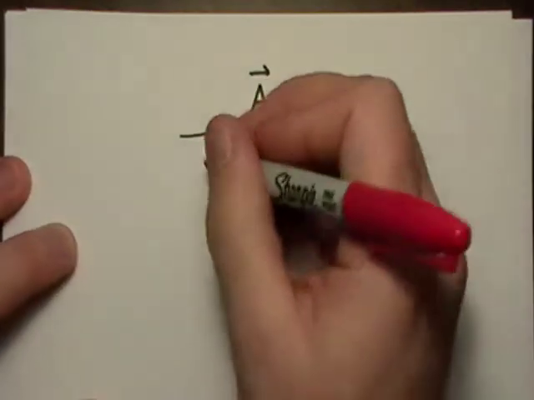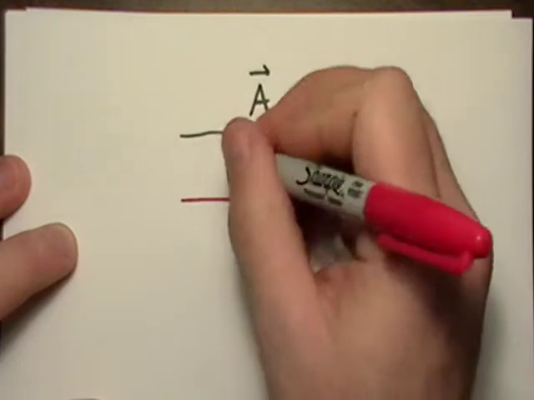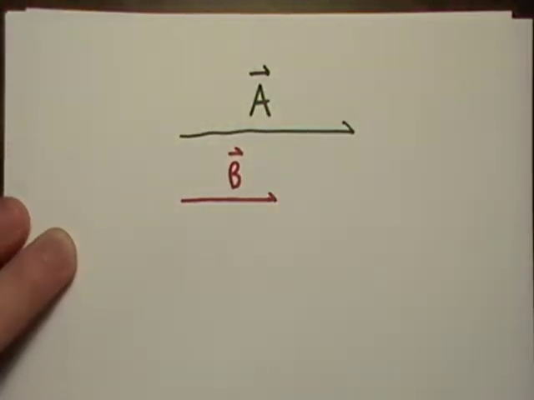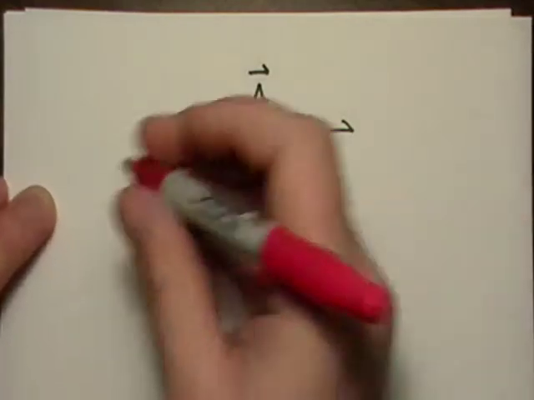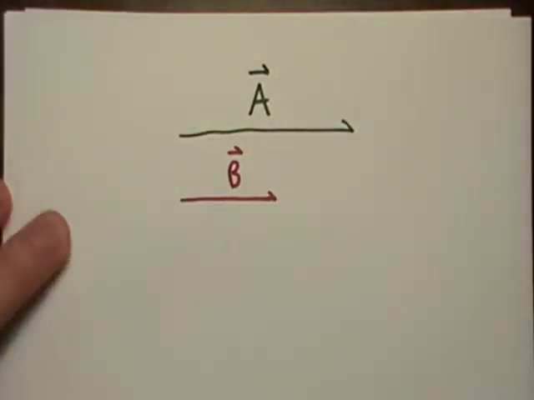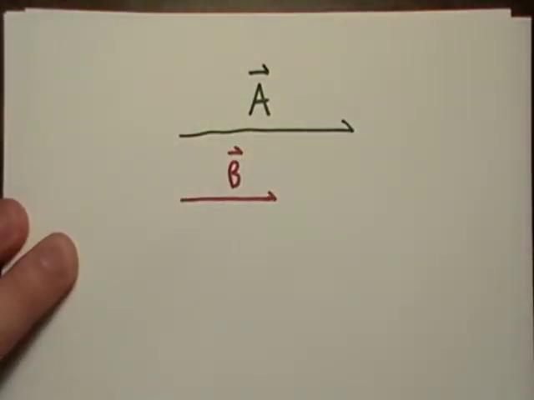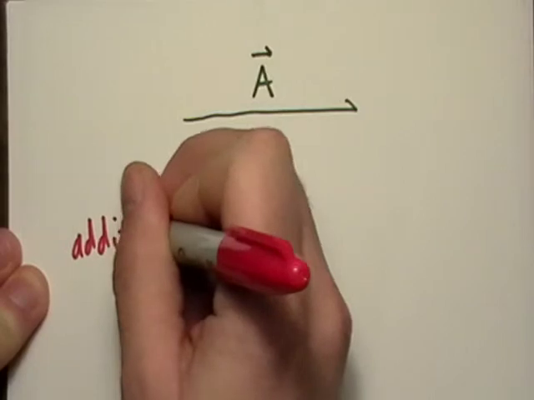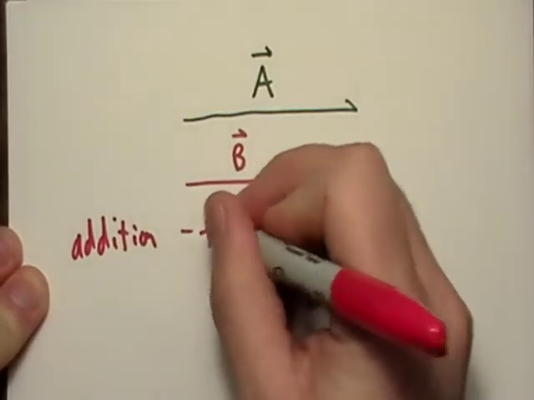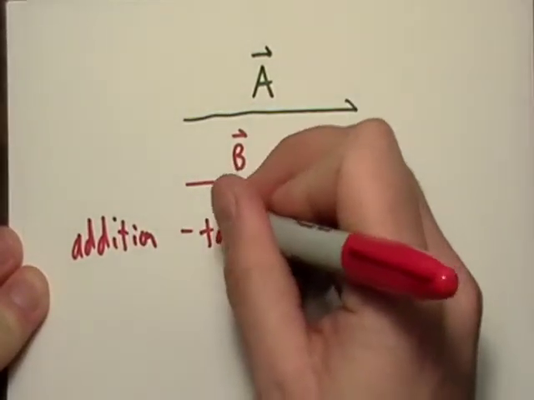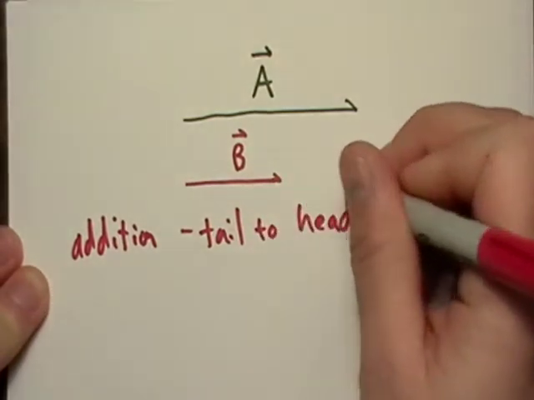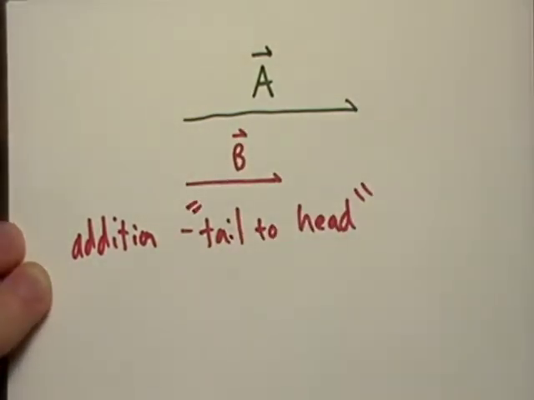So let's say I have another vector, and we'll call that vector B. If we add these two vectors together, that's tail to head.